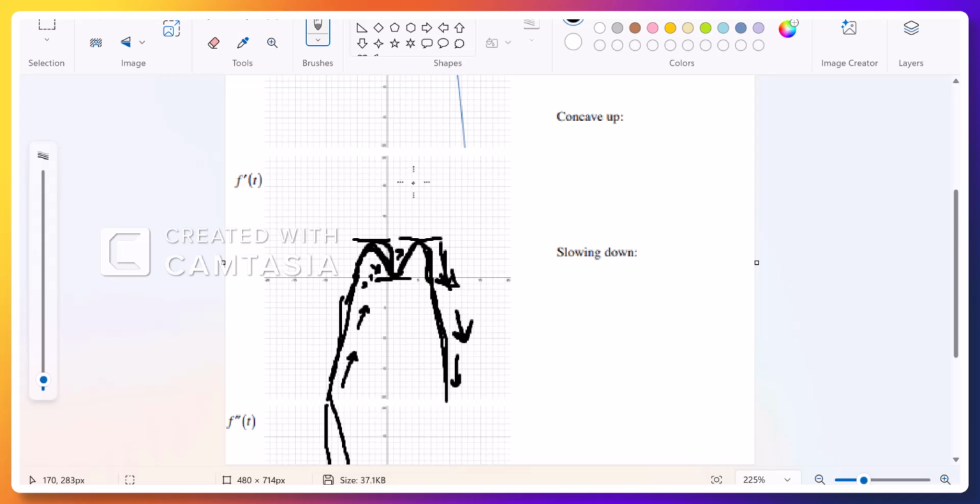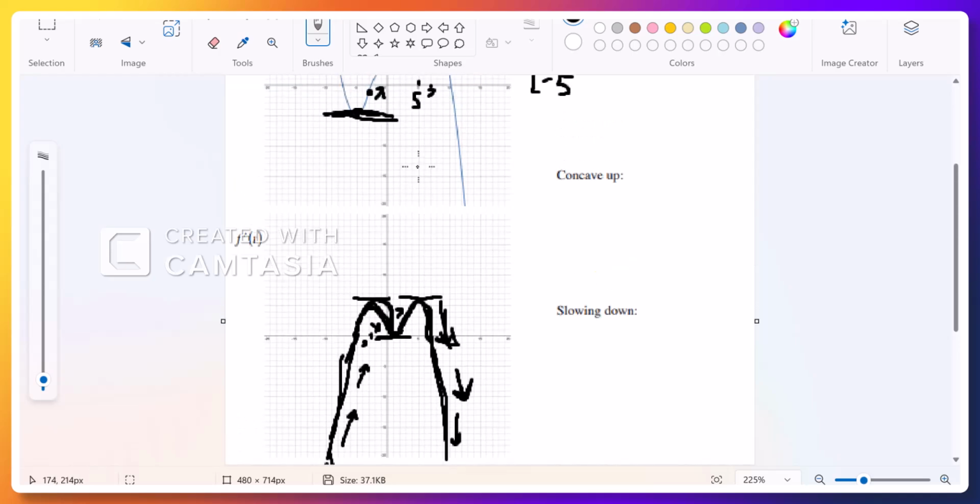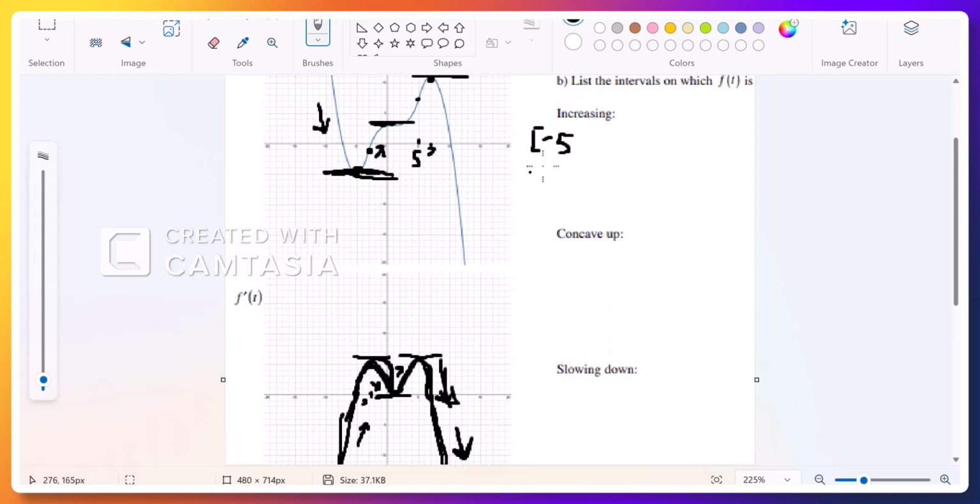So at -5, you could see that it's increasing and then it kind of stops. It's not increasing here, it's actually decreasing. And I'll show you guys that. So when it's increasing, it's going to be -5 to 1.